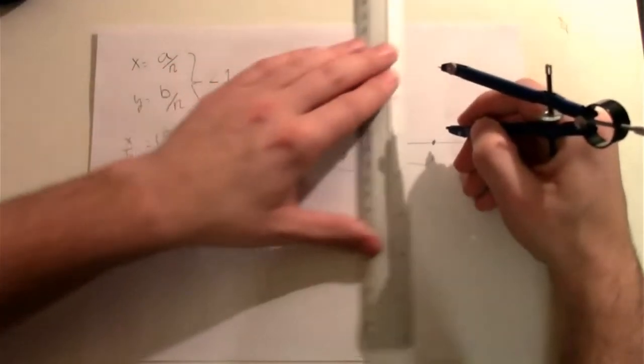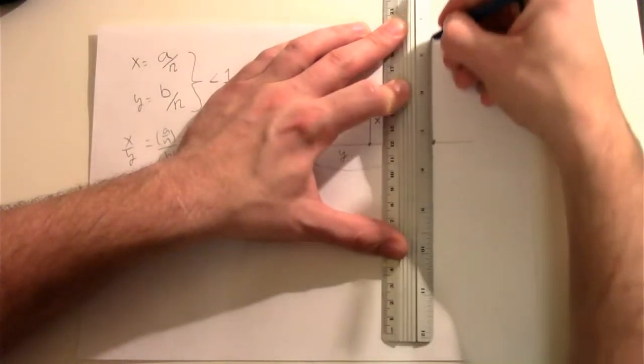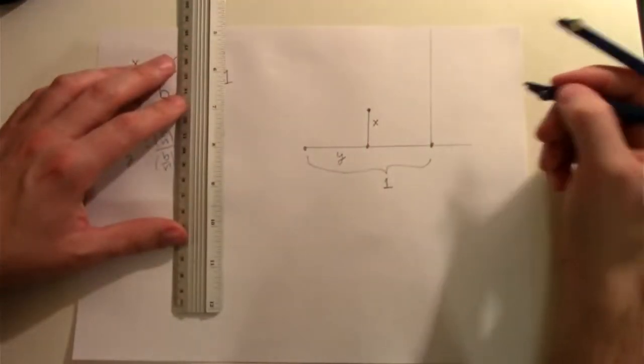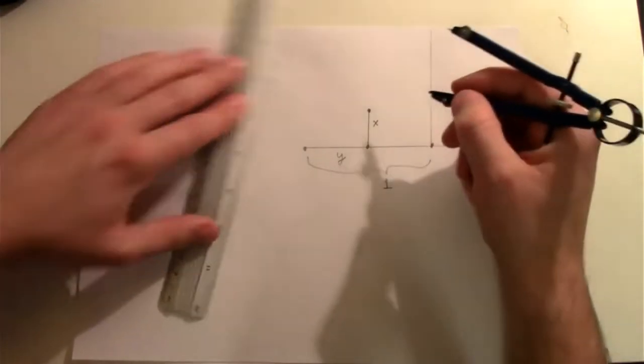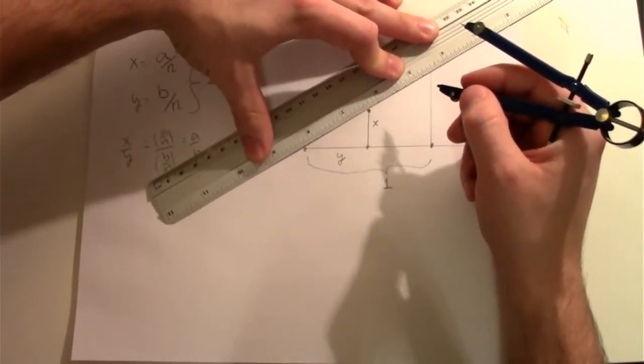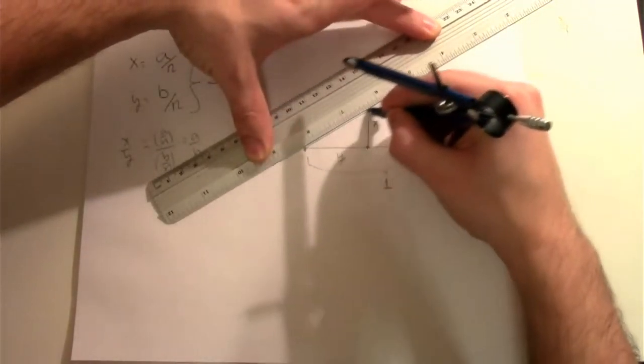And then again, skipping over the process of constructing the perpendicular bisector, one then creates the perpendicular through this point at 1. And finally, simply draw the line between these 2 points up here.